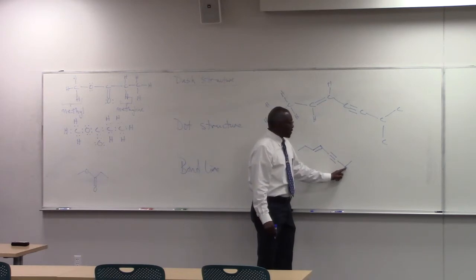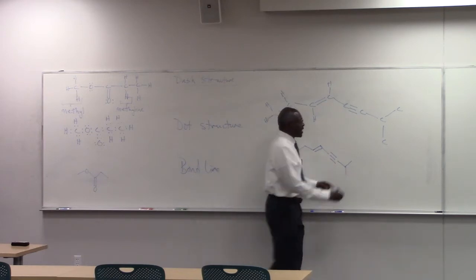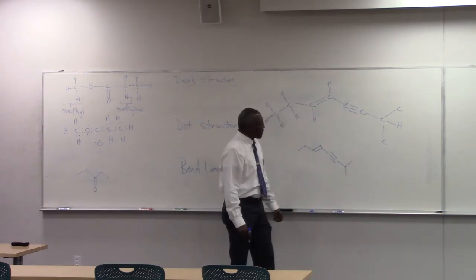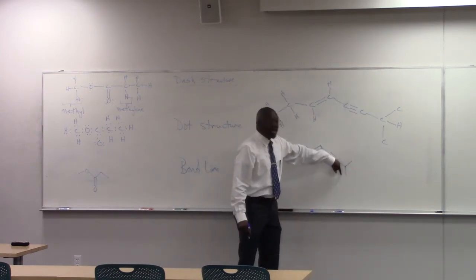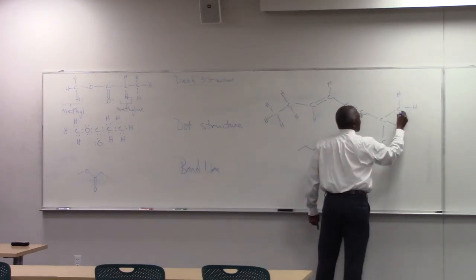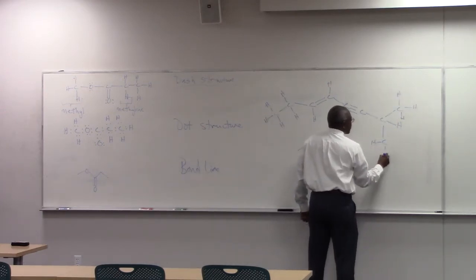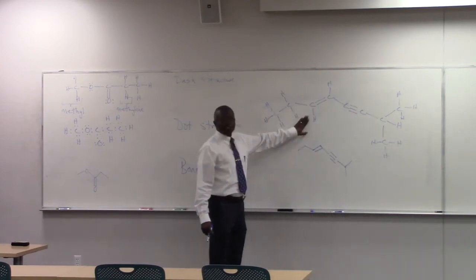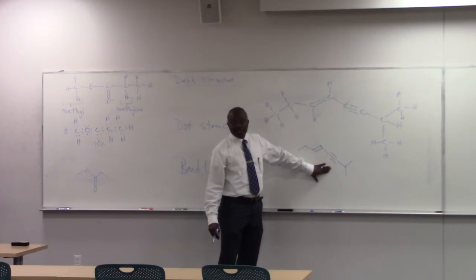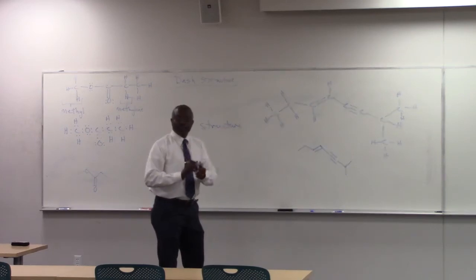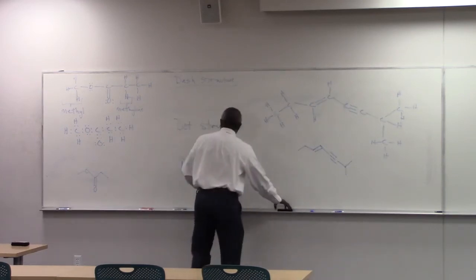So there's a bond to an H. In other words, that's a methine, methinic carbon. And these are 2 methyls. So CH3, CH3. So this is the dash structure of this bond line structure. You guys will rewind the lecture as appropriate to catch up and go over stuff.